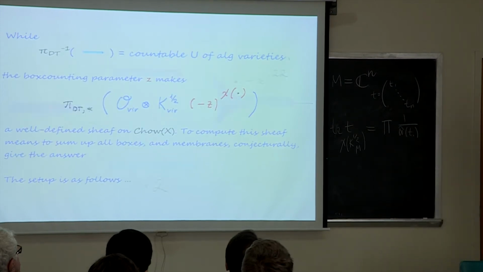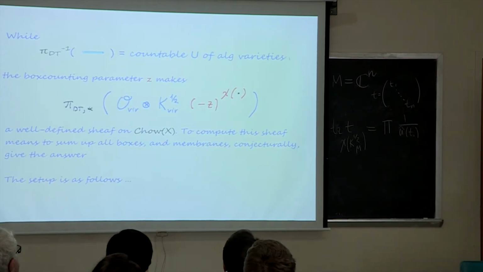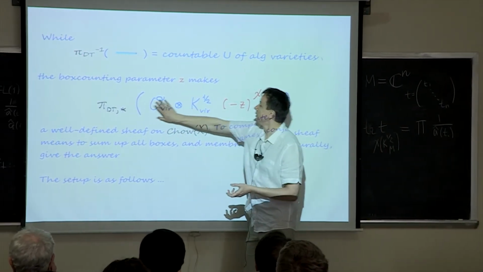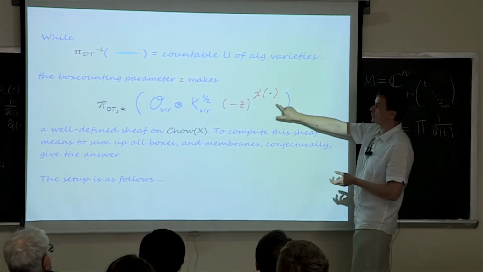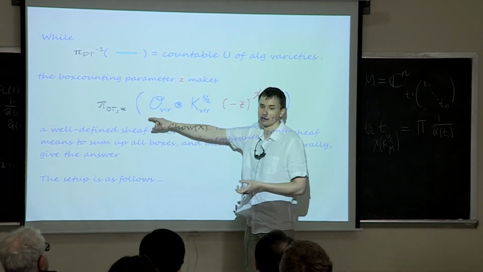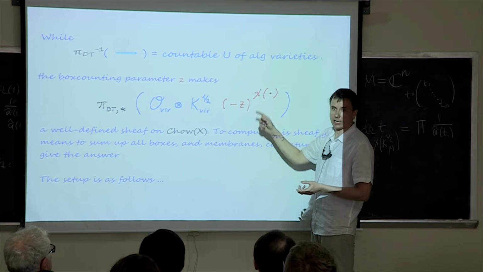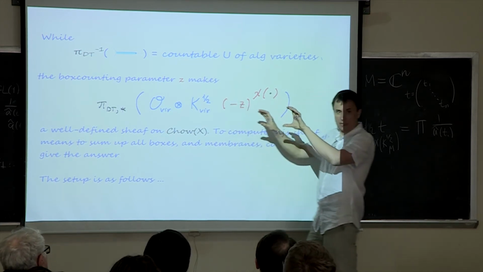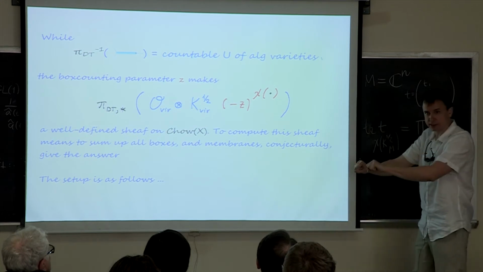So in other words, I'm just saying again, it makes sense if you push forward this sheaf to the Chow variety. So we have a map which takes the Hilbert scheme and maps it to just the cycle.